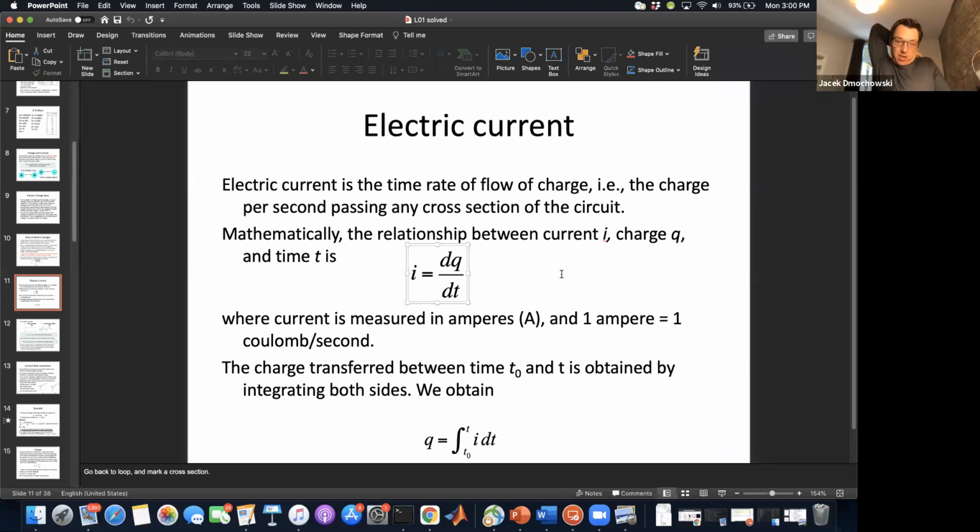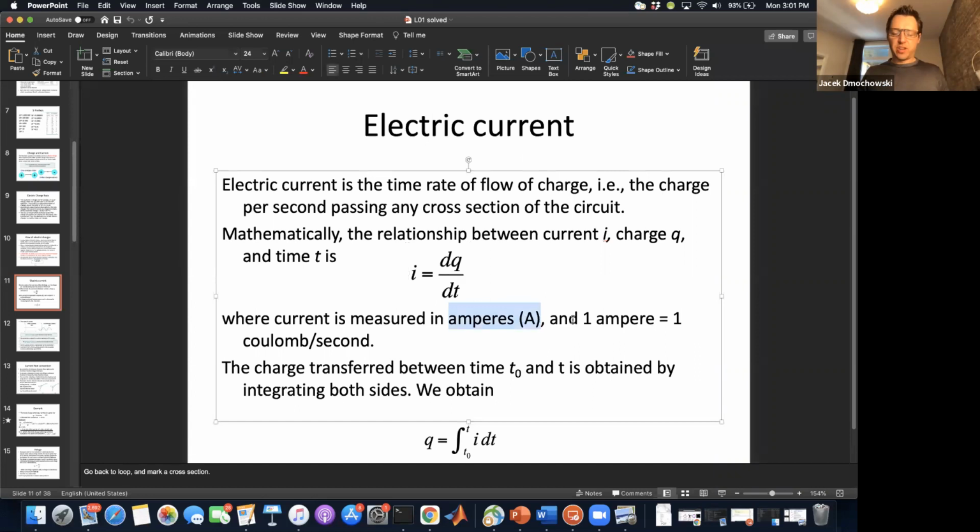And so the units of current are coulombs per second, which is known as the ampere. So 1 amp of current is an amount where 1 coulomb of charge travels past a given point in 1 second. That is a very large amount of current, by the way. 1 ampere is dangerous to the body. So when we apply currents to the body, we generally apply them in the order of milliamps.